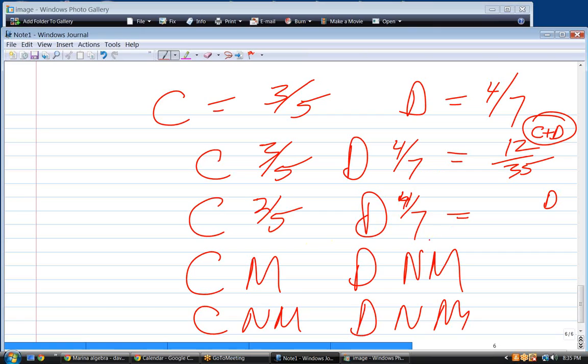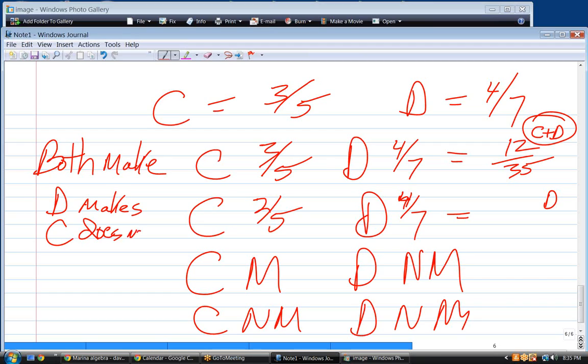Okay, so the first condition is both make it. Second condition is D makes it, C does not. So the probability C does not make it is 2/5. Probability D makes it is 4/7. The combined probability is 8/35.